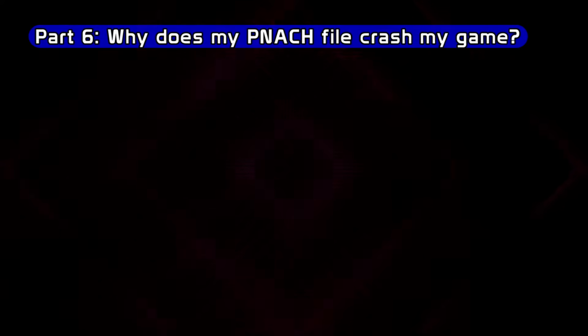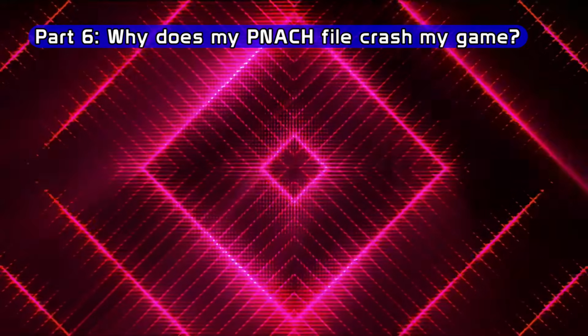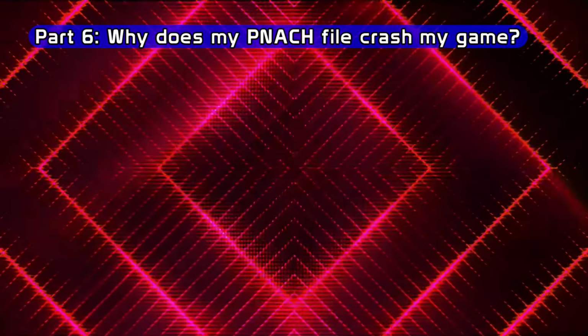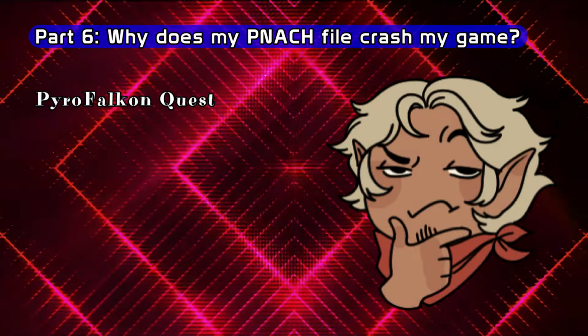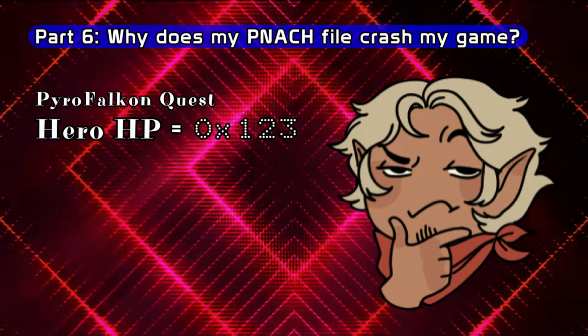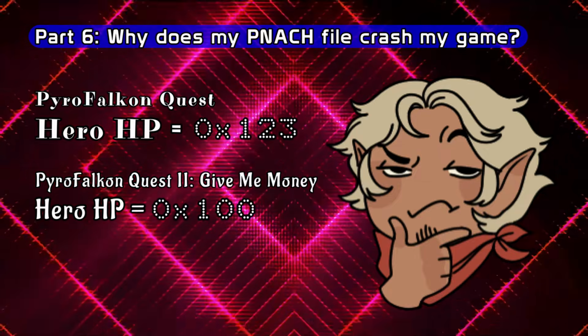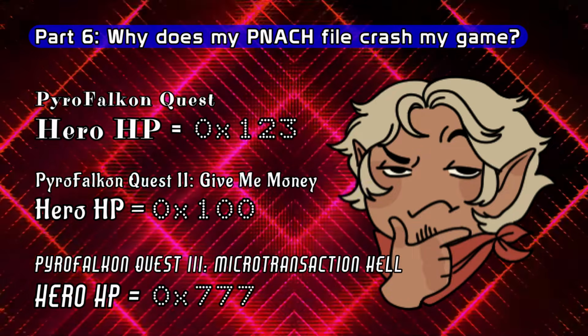Further, some games will have limits on variables based on their own programming, or different memory addresses for different variables. This is why cheats in one game will not work for others. In our RPG, the hero's hit points was stored in memory address 123, but another RPG may store it in memory address 100, another one may store it in memory address 777.